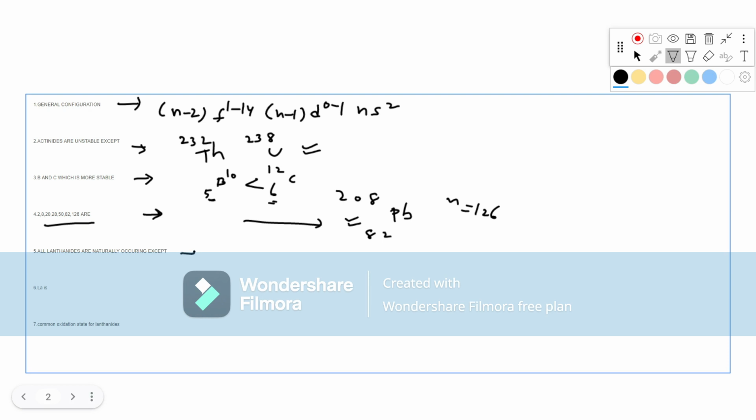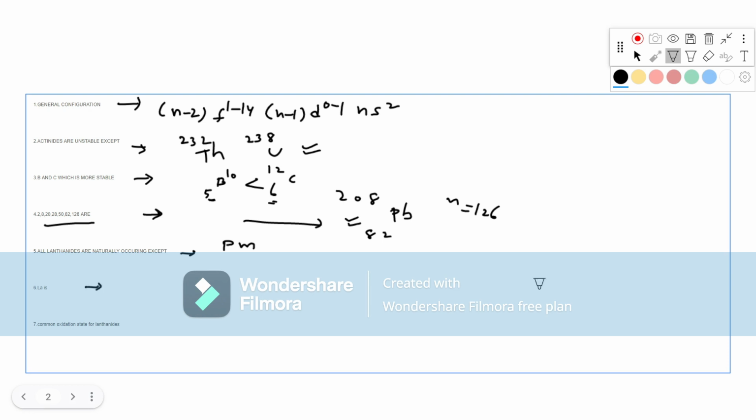Next important point: lanthanides, you have cerium, praseodymium, neodymium, promethium, samarium, europium. Among all these lanthanides, almost all are naturally occurring except one element, that is promethium. Next, lanthanum.